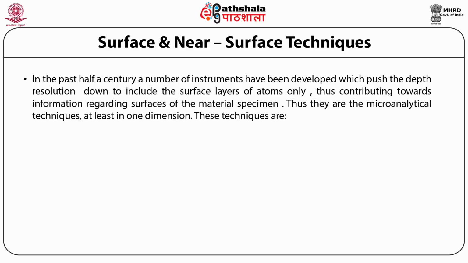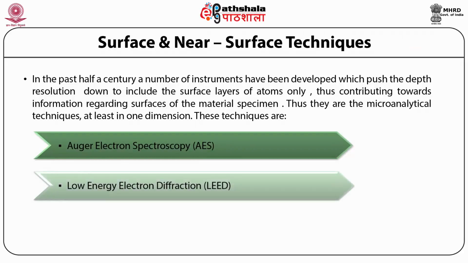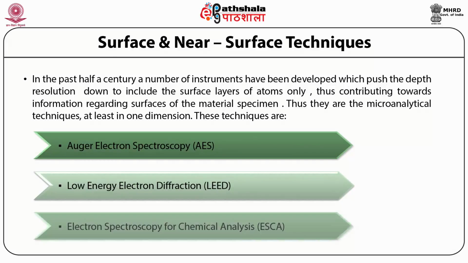These techniques are, first, Auger electron spectroscopy, popularly abbreviated as AES. Second, low energy electron diffraction, popularly written as LEED. And thirdly, electron spectroscopy for chemical analysis, abbreviated as ESCA.